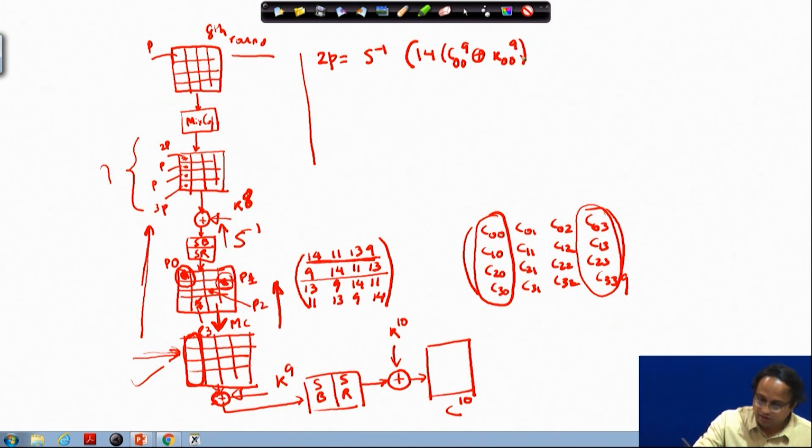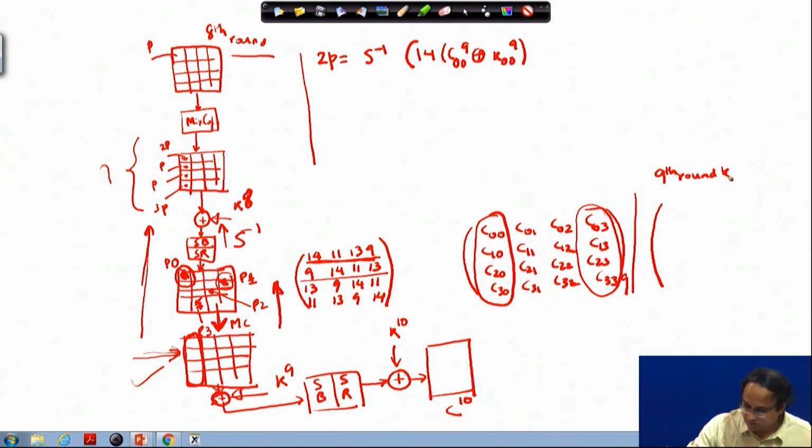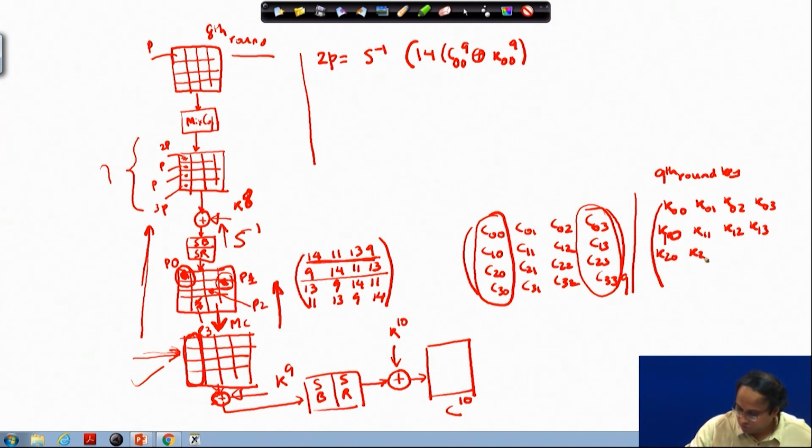Again, remember that when I am writing K009, I am considering the 9th round key, and the 9th round key is essentially nothing but K00, K01, K02, K03, and exactly in the same way K10, K11, K12, K13, K20, K21, K22, K23, K30, K31, K32 and K33.